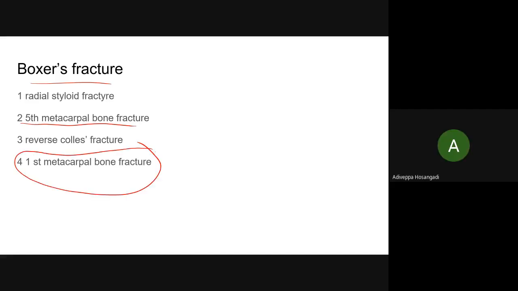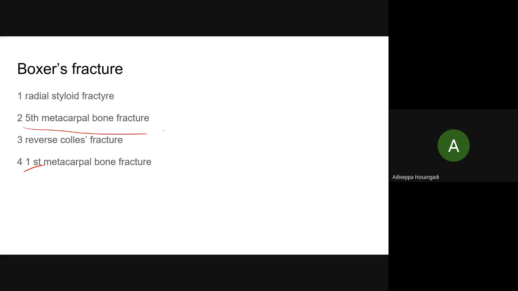No confusion here. Other students, please pay attention. Most common fracture in a boxer is first metacarpal, but boxer's fracture is fifth metacarpal. It is some play of words in English, but you can always remember.